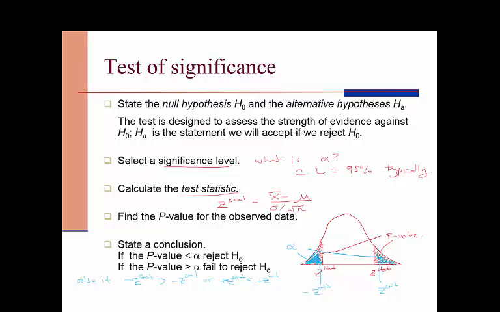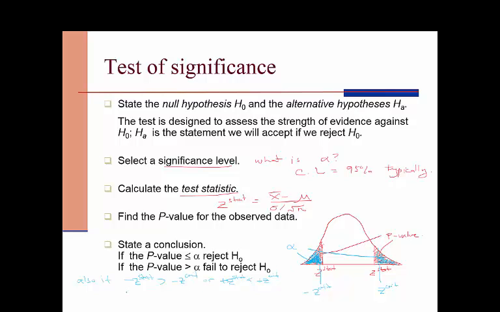The negative Z stat out here is bigger than negative Z critical, which is out here. The red line is on the inside of the blue line. Well then what should happen? Your p-value is larger than your alpha, which is exactly what I've drawn here.